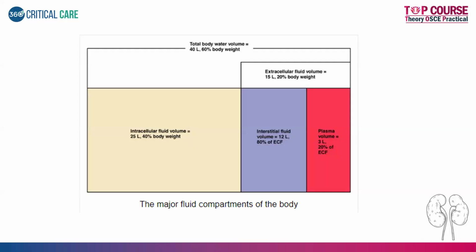The extracellular fluid is again divided into two compartments, that is the interstitial fluid and the plasma volume. And we all know very well that sodium is predominantly an extracellular ion. So the balance of sodium is very necessary to maintain day-to-day activities at the cellular level. Any changes in the serum sodium value will have a very morbid effect on the patient.